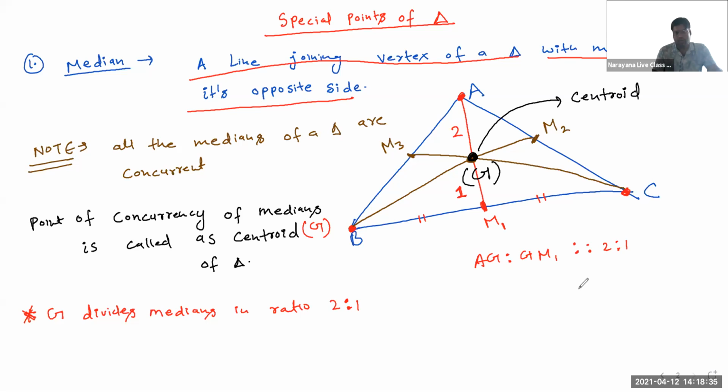If you make a triangular plate from a metallic sheet of uniform thickness, then the point where the center of mass exists is basically the centroid.